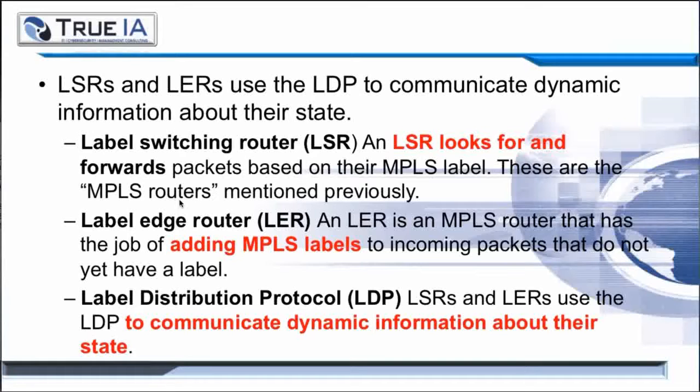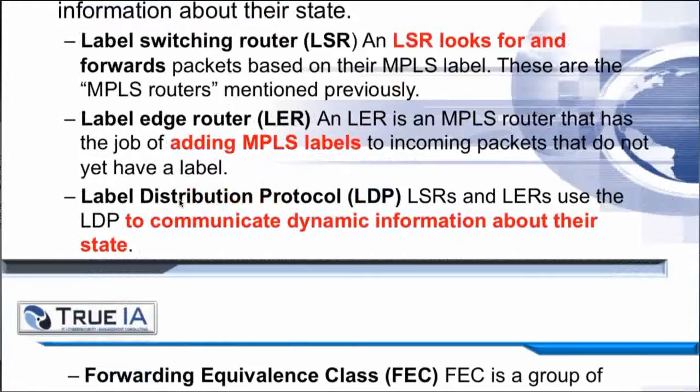That then is passed off to the LDP, the Label Distribution Protocol. The LSRs and the LERs use LDPs to communicate dynamic information about their state, whether they're up or down, and the costs of those routes.